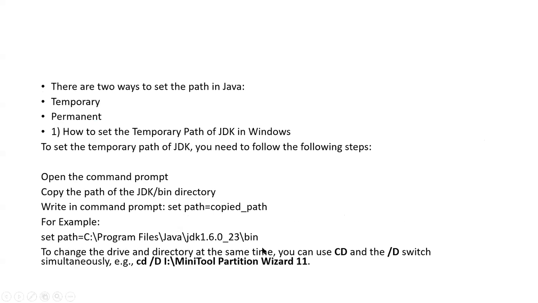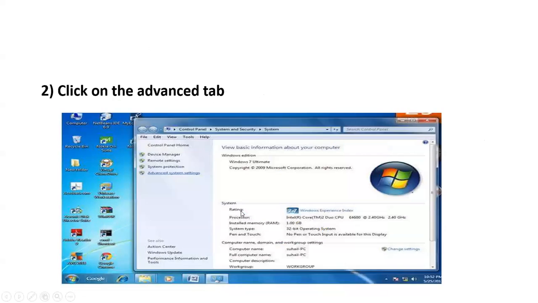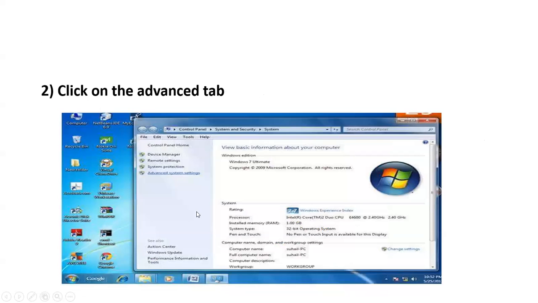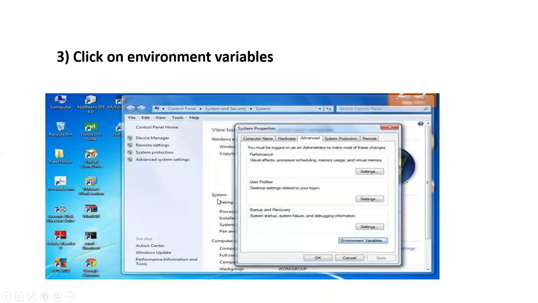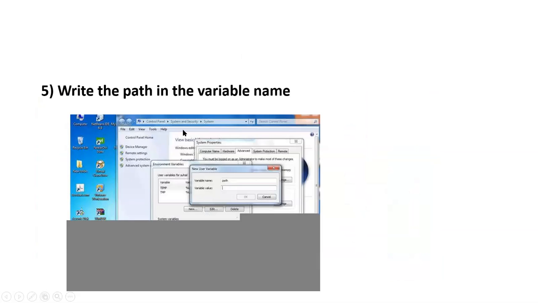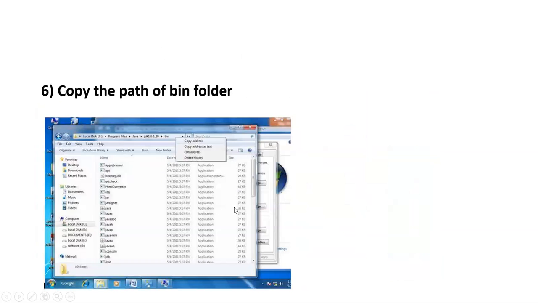The second way is to set the environment variable. For that, we right click on My Computer, click on Properties, Advanced System Settings. In that, we click on Environment Variables, then click on New and give the path.